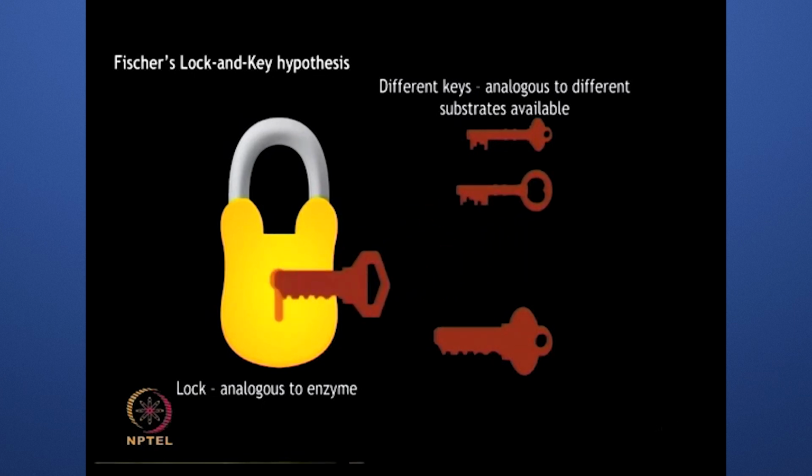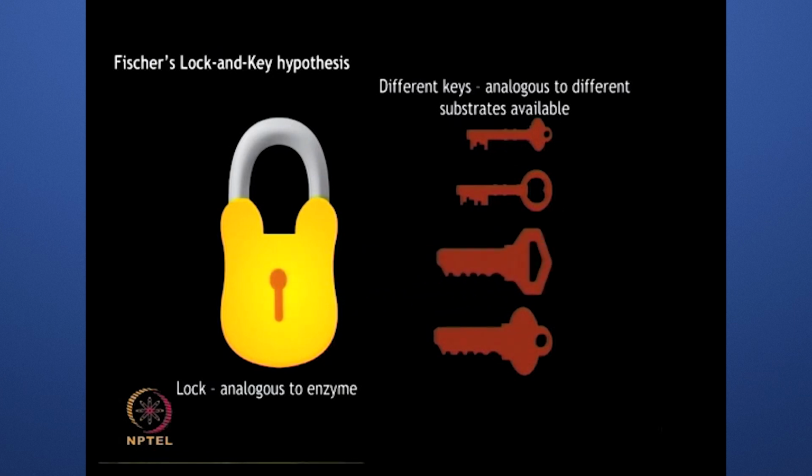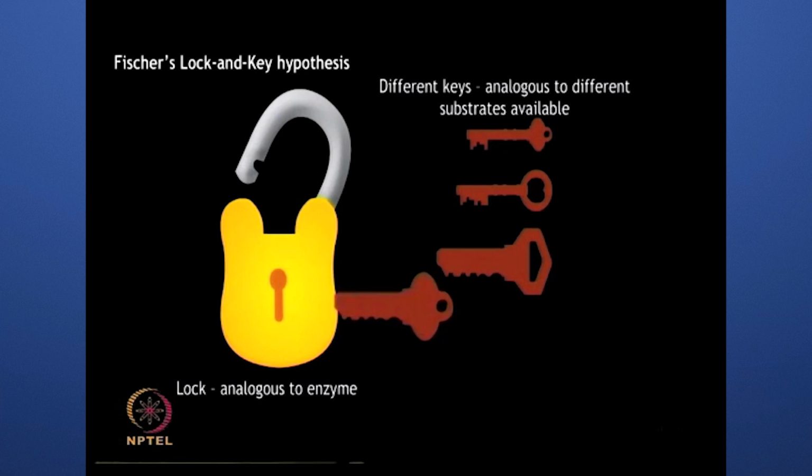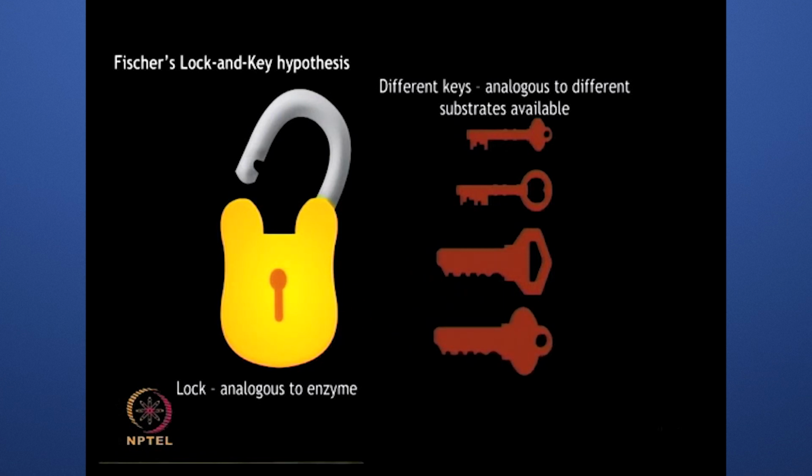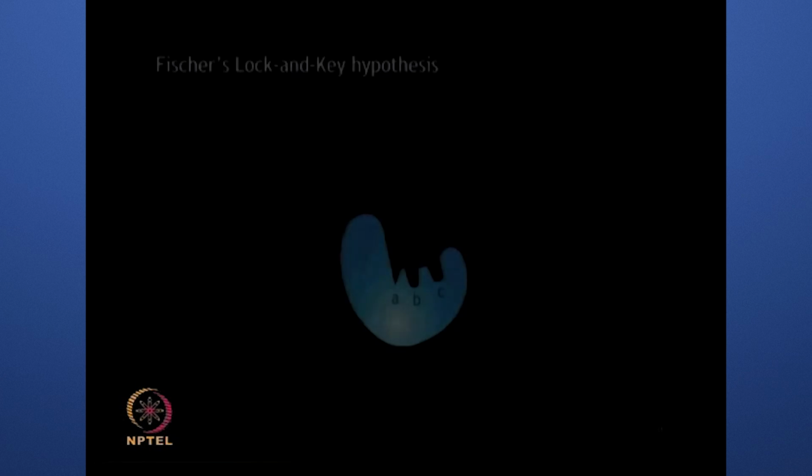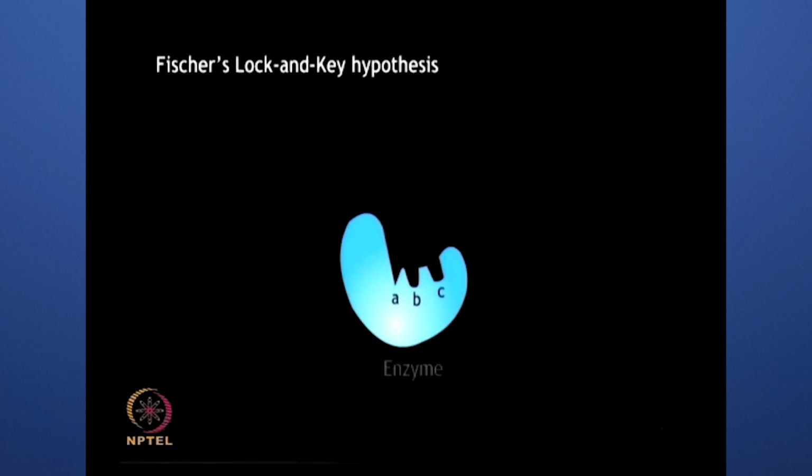Similarly, only one particular substrate will fit into the active site of the enzyme and the enzymatic reaction can occur. According to Fischer's hypothesis, enzymes and their substrates possess specific complementary geometric shapes that fit exactly into each other. This model accounts for the specificity of enzymes but fails to account for stabilization of the transition state.